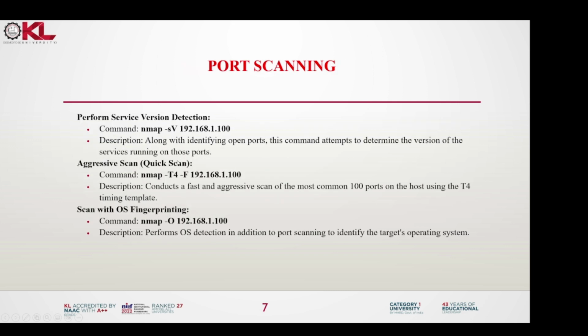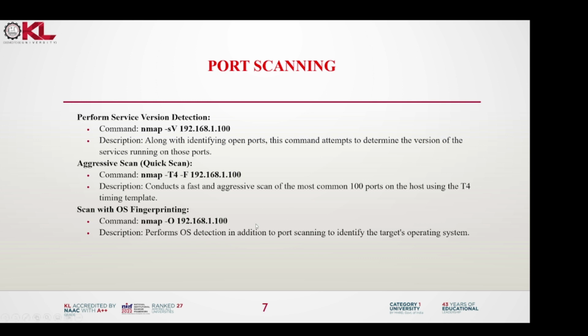Next, we can perform a quick scan, a fast scan, using option T4 and option F. Option T4 and option F are used to perform fast scanning. The speed of scanning will be fast to identify the ports that are open on the system.